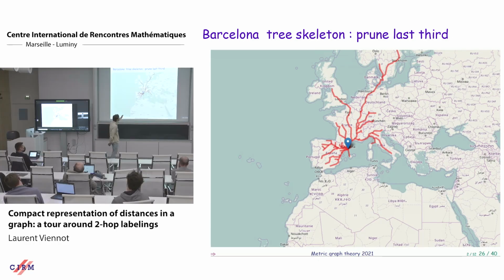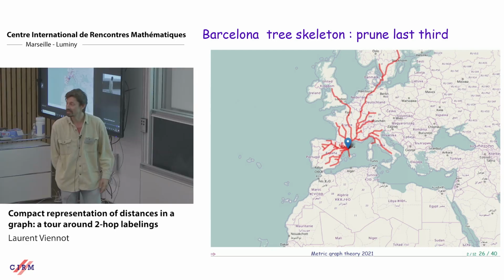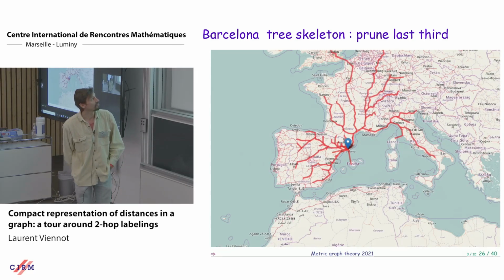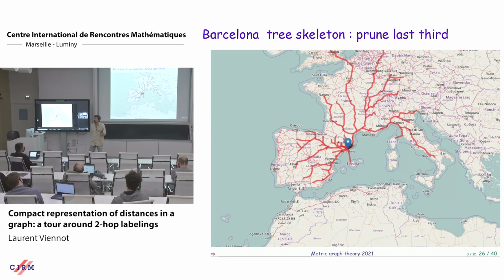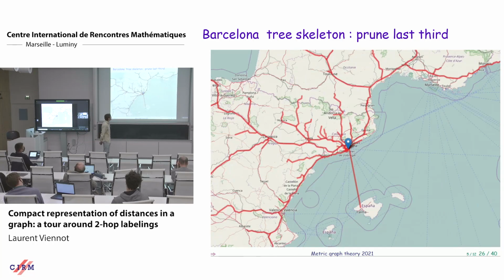So you see that if you look at distance, let's say half eccentricity of Barcelona, I have very few branches, like maybe something like less than 10. And if I zoom on the tree, you see that at any distance I don't have so many branches, maybe less than 20. So let's zoom again at this distance less than 20.